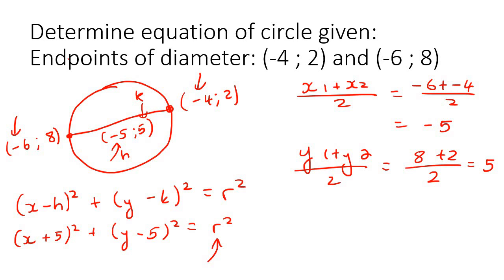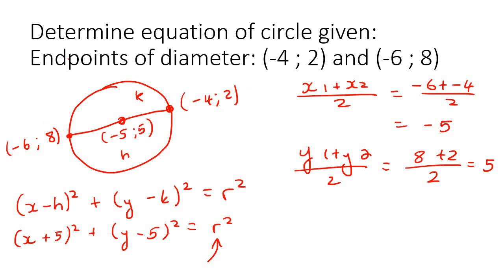Now remember, the radius is half the length of the diameter. So what we can do is find the distance between these 2 points. Of course, I've mentioned you could also use these 2 points over here, and that would be the radius directly. But what I'm going to rather do is use the points that we were given originally, find the distance between them, which is the diameter, and then divide that by 2.